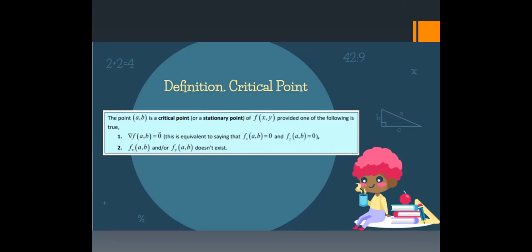So the only point that will make both of these derivatives zero at the same time is (0, 0), and so (0, 0) is the critical point for the function. However, there is no way that (0, 0) can be a relative extrema, since this critical point exhibits a kind of behavior which we call a saddle point.